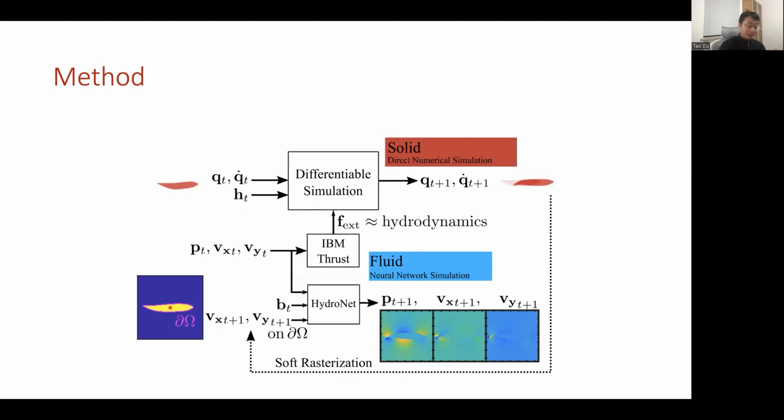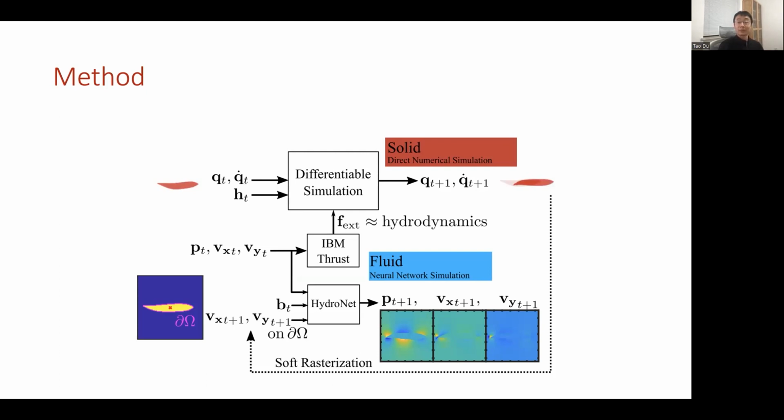So the basic idea behind this result is summarized in this very compact overview figure. The picture looks complicated, but the idea is actually easier to explain verbally. Basically, there are three things that we need to simulate: the fluid dynamics, the solid dynamics, and their coupling. And for these three things, we address them differently.